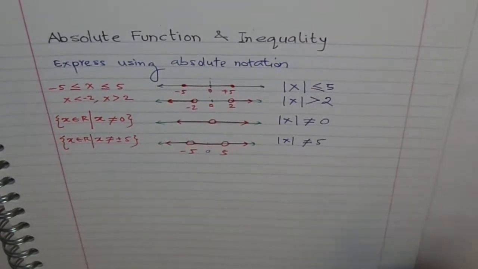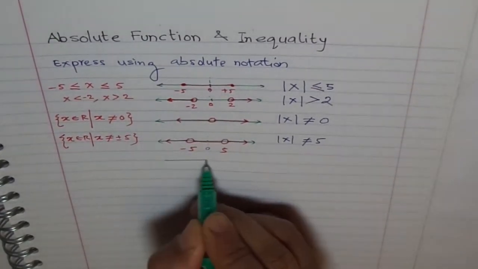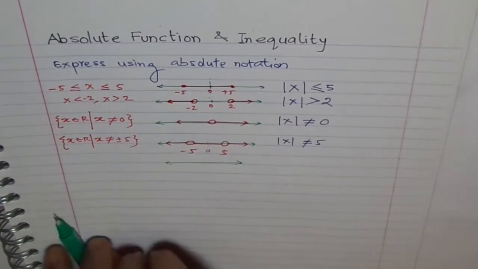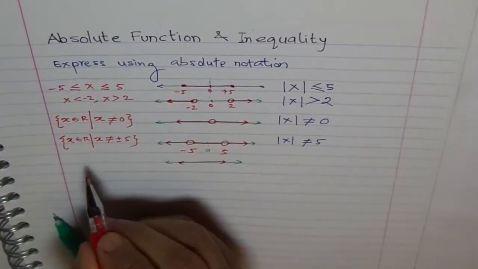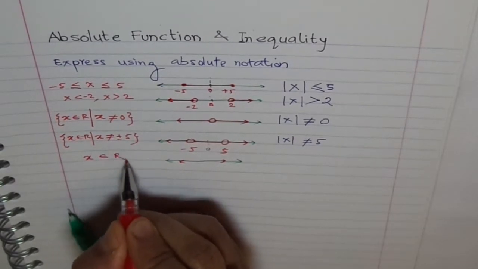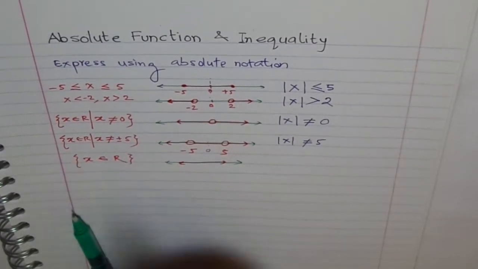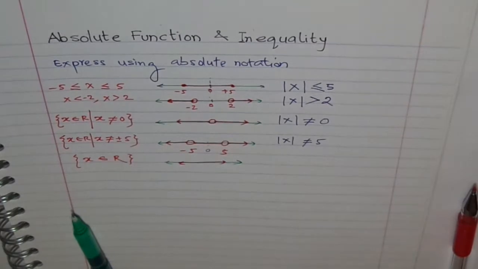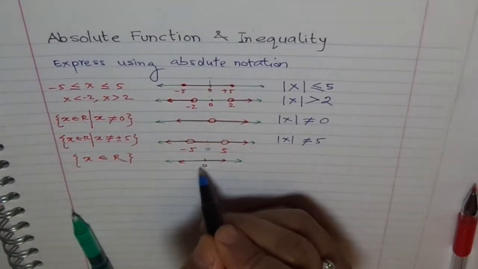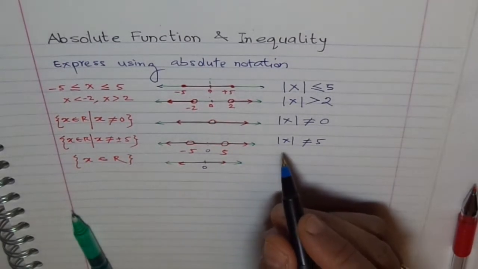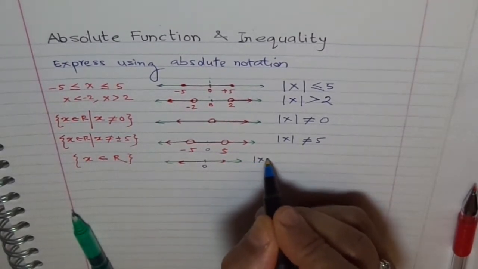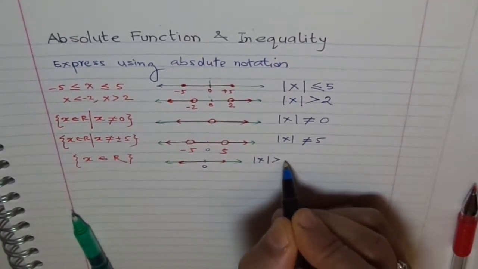Now, if you have to represent the whole line, what I'm trying to say is everything, that is, x belongs to real numbers. How will you write that as an absolute notation? Well, there are many ways to do it. One, absolute function is always positive. So you can say absolute x is greater than minus 1.